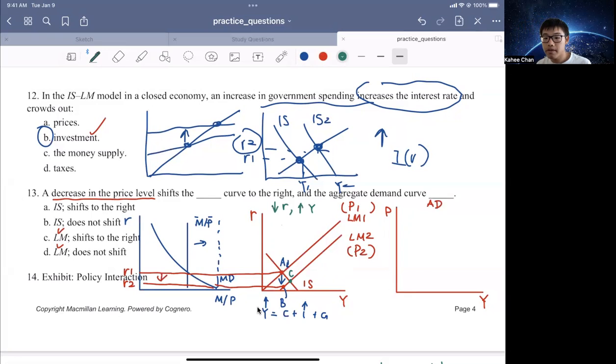So the aggregate demand curve is actually a summary of what happens when we are decreasing the price level. Recalling, when we are decreasing the price level, we are actually increasing the real money supply, which shifts the vertical line money supply to the right.